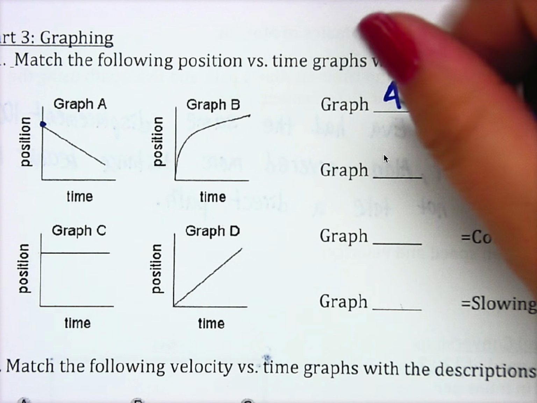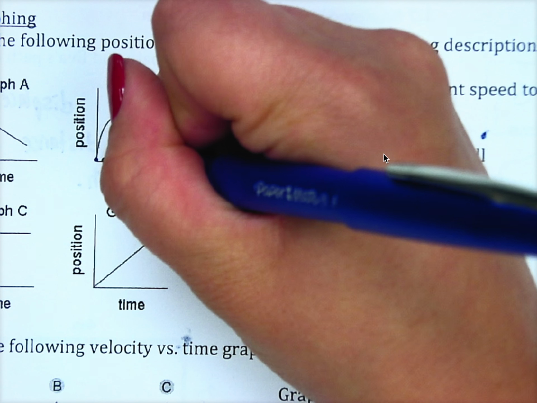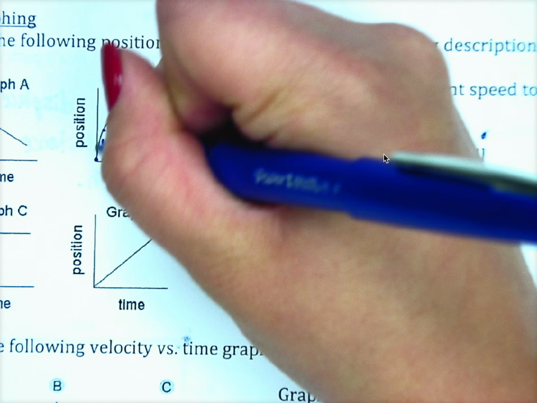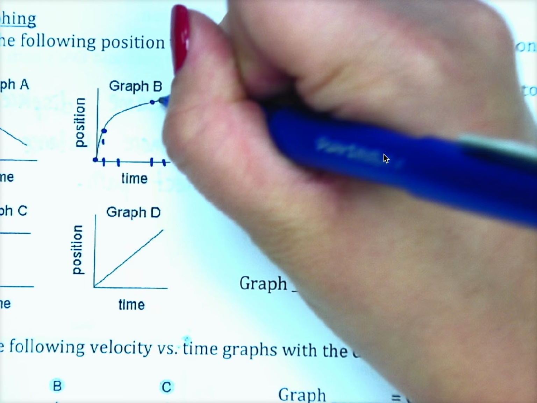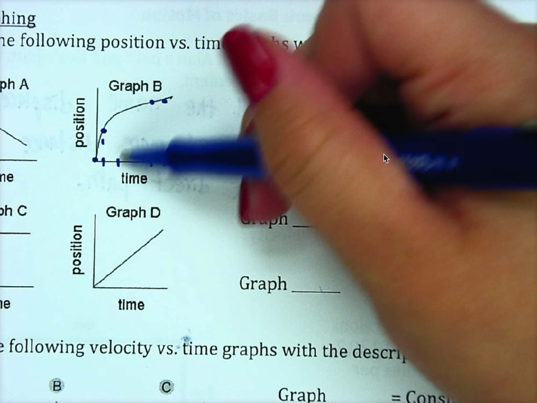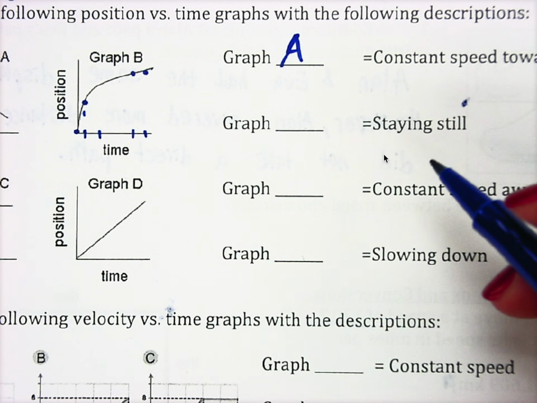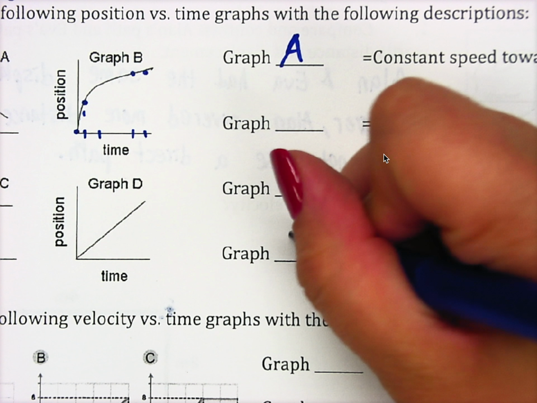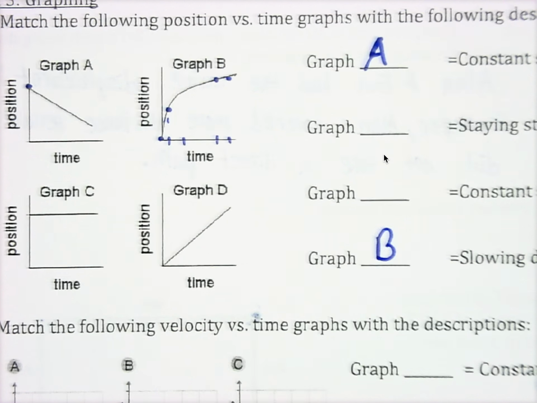That's graph A. If we look at graph B, at first, every second, the position is changing a lot. But if you look at like a second over here, the position barely changes. Okay, so this graph is slowing down as it moves away from the origin. So graph B is slowing down for those position versus time graphs.